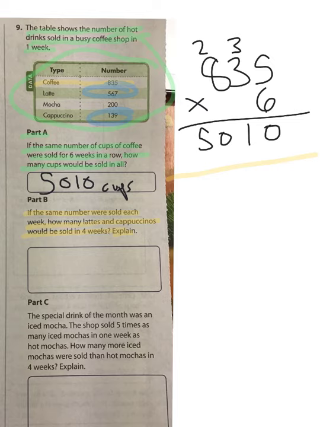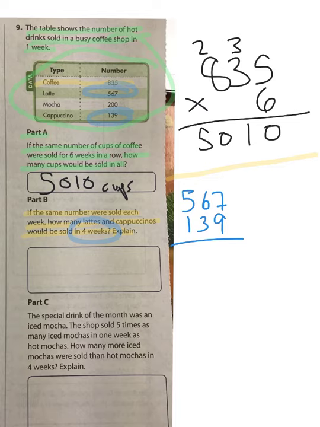Then we need to multiply it by 4 to find out how many were sold in 4 weeks. So first we're going to add 567 plus 139, because 567 represents the lattes and 139 represents the cappuccinos.